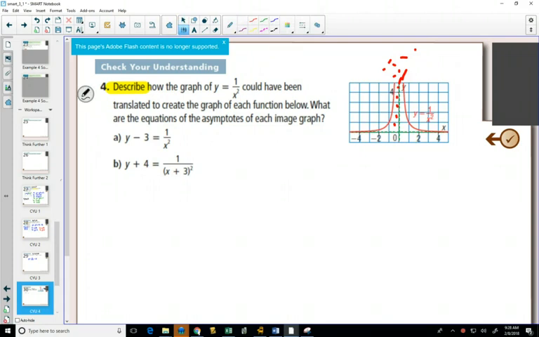They have a number of keywords that they define. Describe and explain are 2 of those key words. And they want you to use words only, sentences, when answering the question.